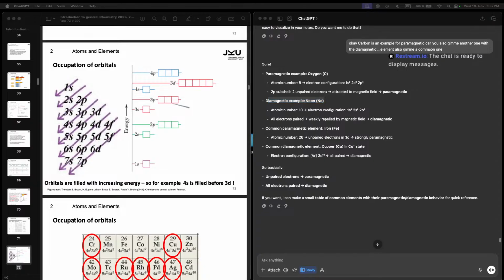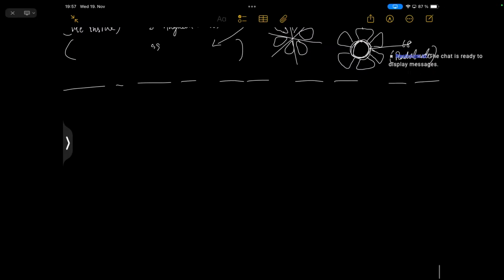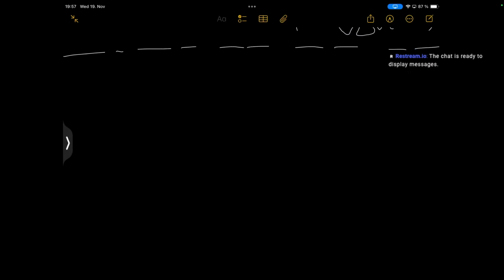I'm going to share the screen and explain how the principal quantum number and the magnetic quantum number are arranged. I'm going to explain with these two examples: carbon 12 and neon.